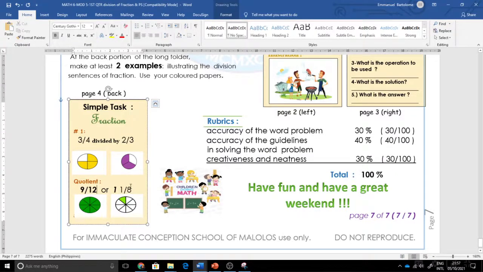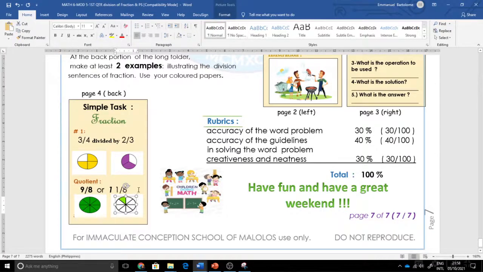And this is 8/12. The final answer is 9 over 8 or 1 and 1/8. Okay, yung quotient, yung final answer. So it is 1 whole, and 1/8. Okay? So that would be your module, this module in your project.